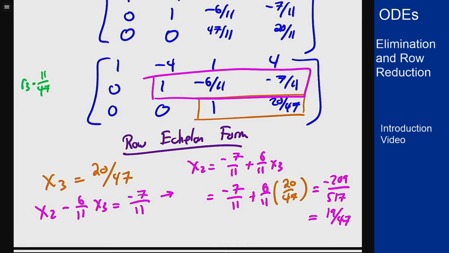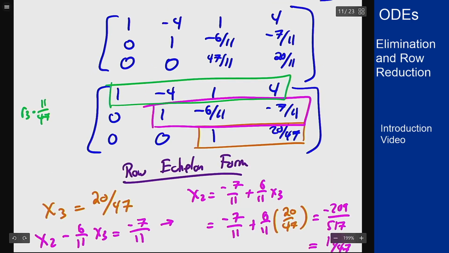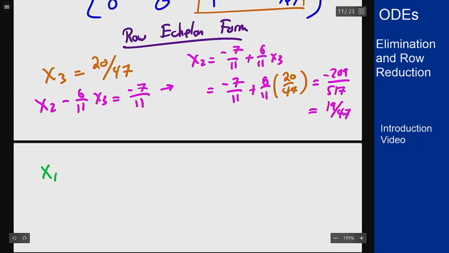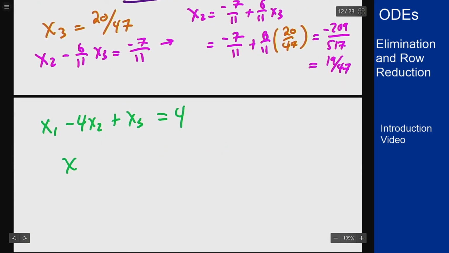And then finally, we have the first equation, which tells me that x1 minus 4x2 plus x3 equals 4, or x1 equals 4x2 minus x3 plus 4, but I know x2 and x3 already.